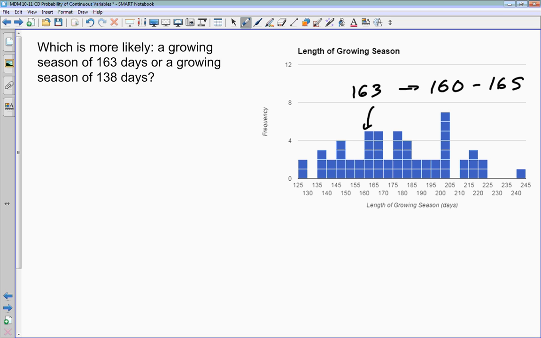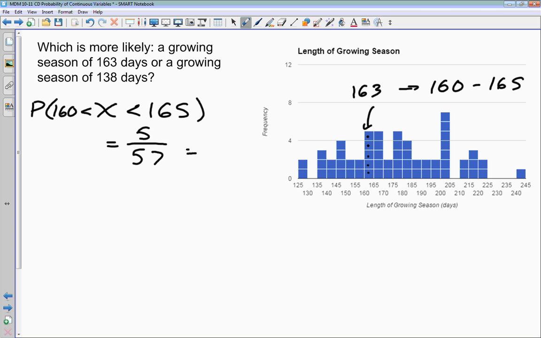So for the probability of 163 days, we're really going to calculate the probability that our variable is less than 165 and greater than 160. And working on the histogram here, we can see that there's 1, 2, 3, 4, 5 out of, again, 57 things in our sample space. So the probability of a growing season between 160 and 165 is approximately, let's see, 8.8%.